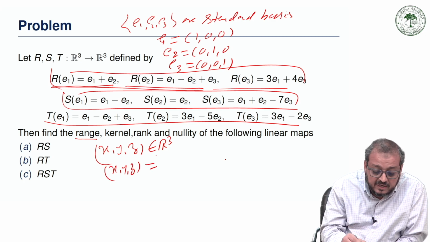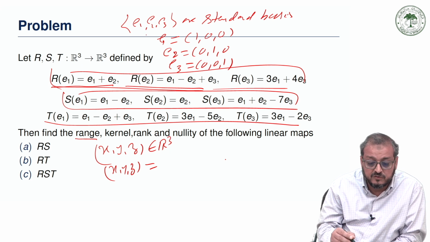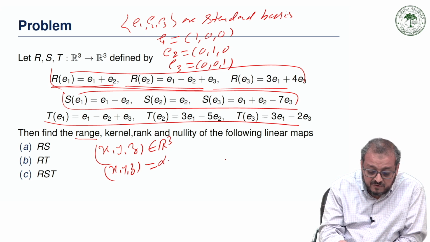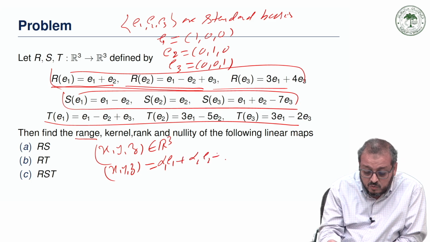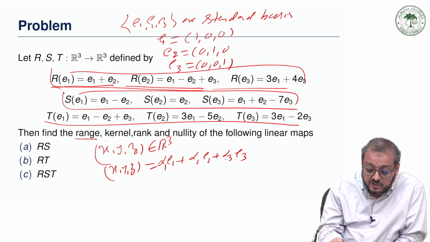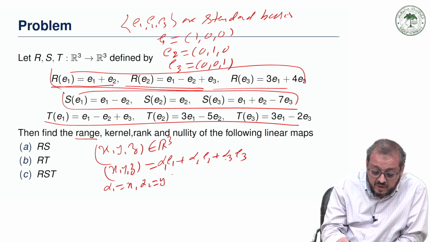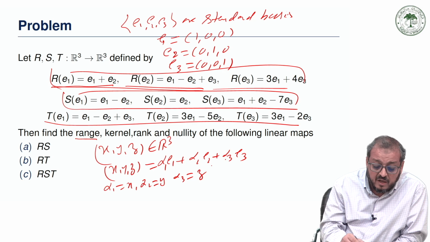Any arbitrary element can be written as a linear combination of the elements of the basis. So we take alpha 1 times E1 plus alpha 2 times E2 plus alpha 3 times E3, and because E1, E2, E3 are the standard basis, simplifying we get alpha 1 equal to x, alpha 2 equal to y, alpha 3 equal to z.